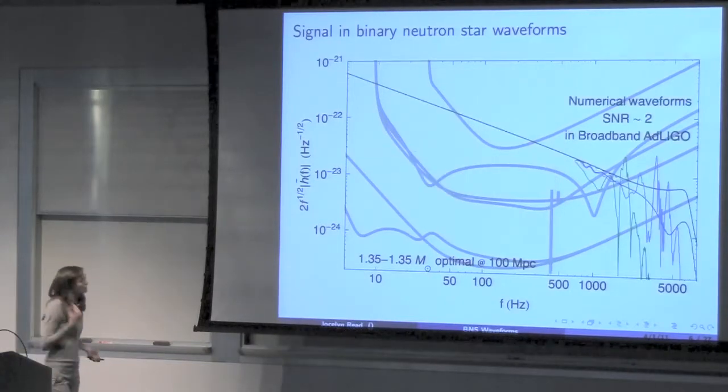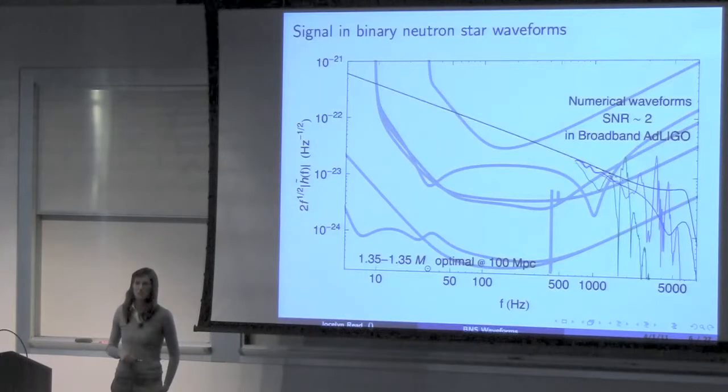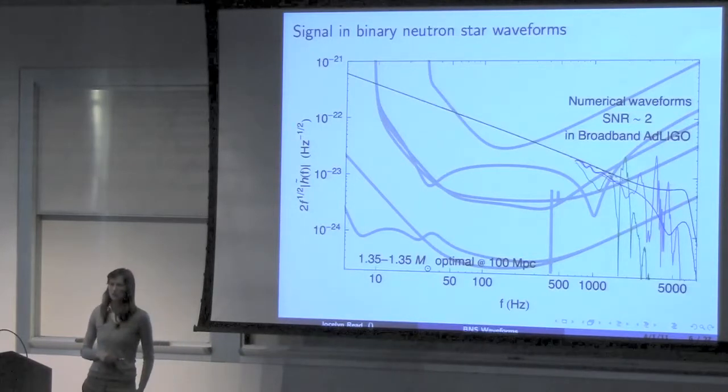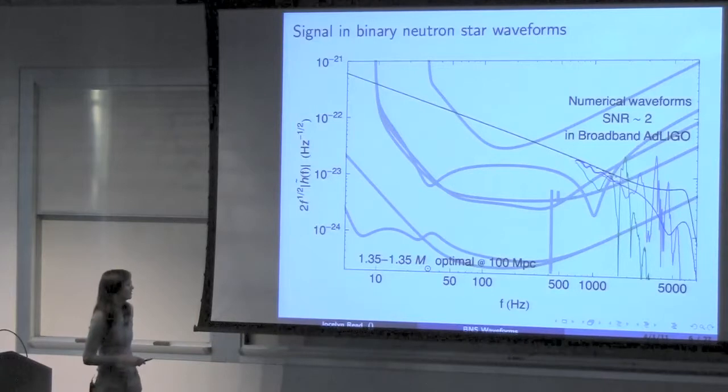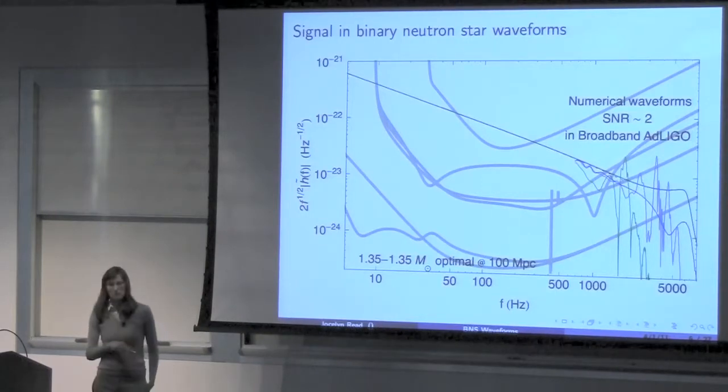And then the other thing that we want to look at is numerical waveforms. So these are the gravitational waves extracted from a set of numerical simulations with varying equation of state. So the radius in these particular candidates varies from about 10 to 15. So the green one is a bit optimistically tidal.